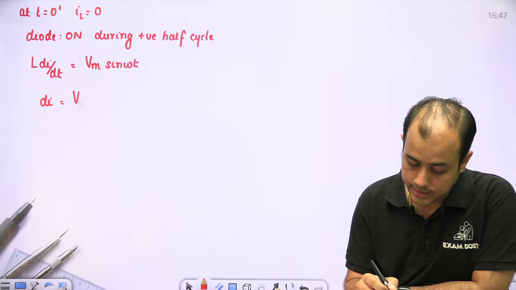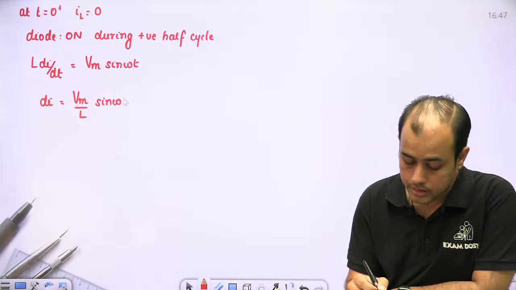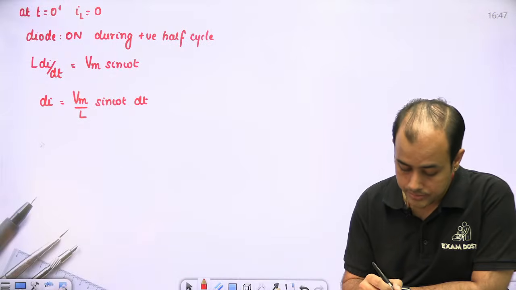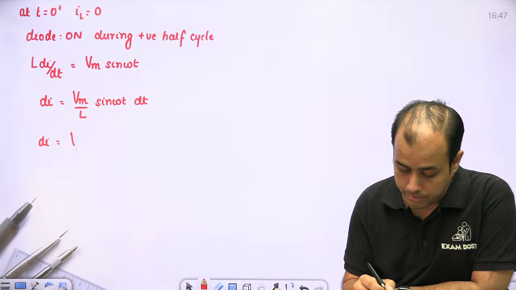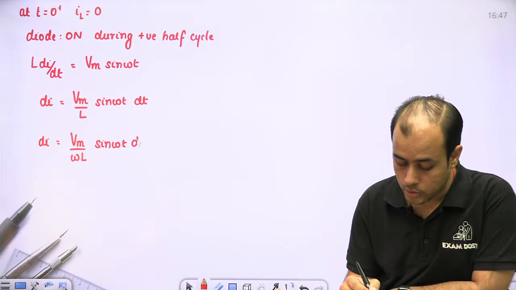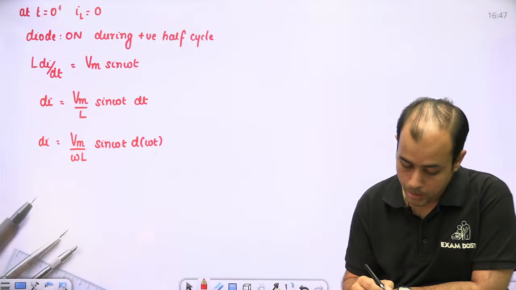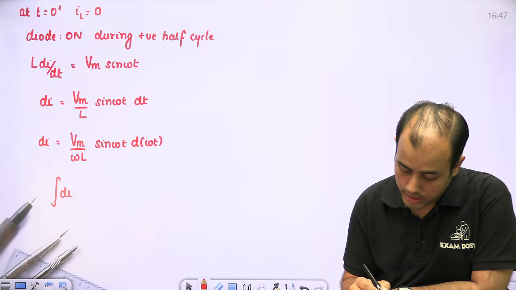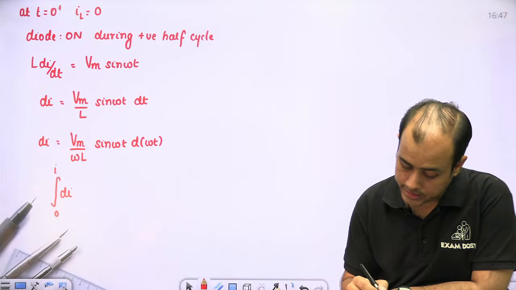तो dI is Vm by L sin omega t dt, और Vm by omega L, I'm multiplying and dividing by omega, sin omega t d omega. Now I want to know that current started from 0.